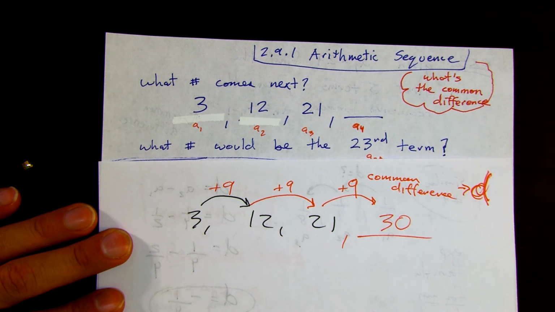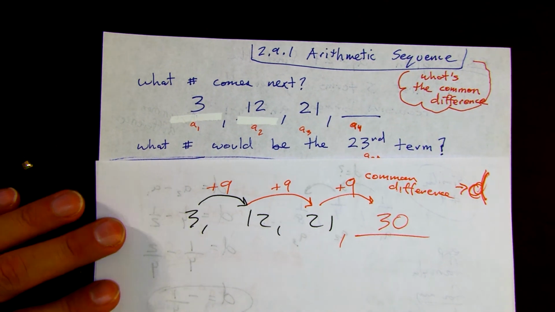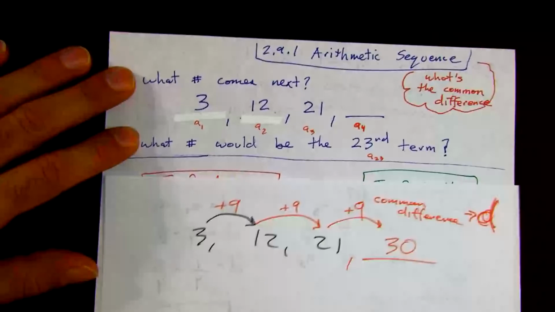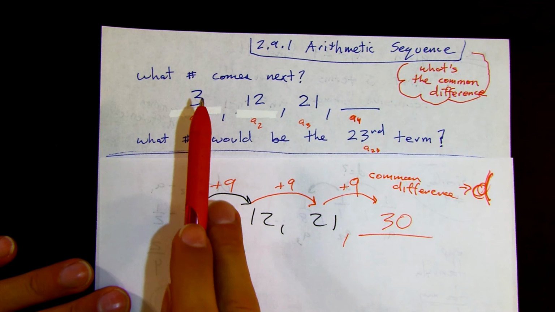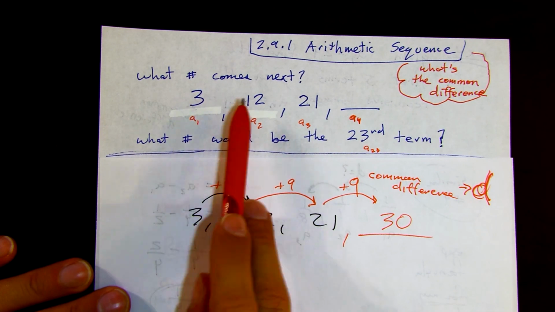All right. Now, some of you may have already started because you saw the second half here. What number would be the 23rd term? Whew. Don't try to solve it. I'm going to show you a trick, and that's the second half of this lesson. This right here is just what comes next.